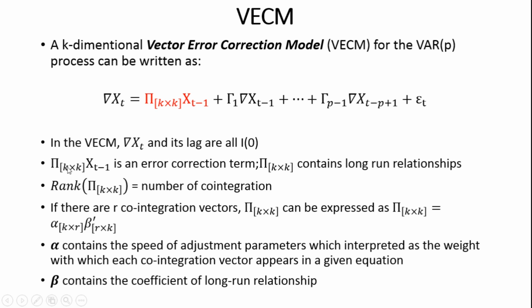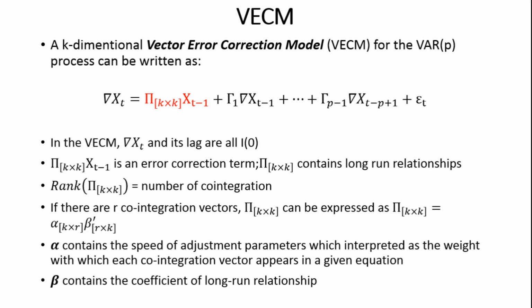So in the vector error correction model, the differences of xt and its lags are all stationary. The term P multiplied by xt minus 1 is the error correction term, and the matrix P contains the long-run relationships. The rank of this matrix is the number of cointegration relationships.